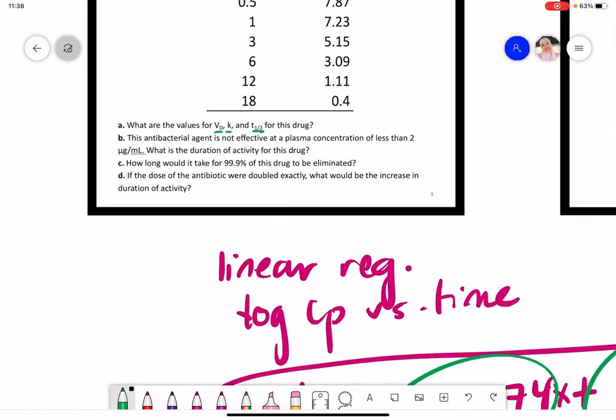The antibacterial agent is not effective at plasma concentration less than 2 microgram per milliliter, okay? And what is the duration of activity for this drug?